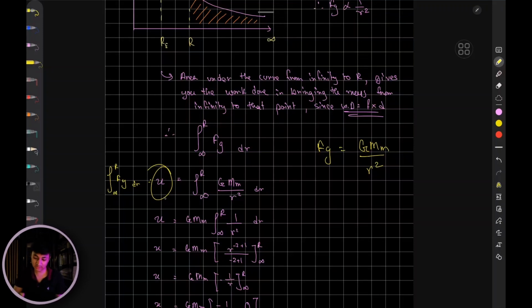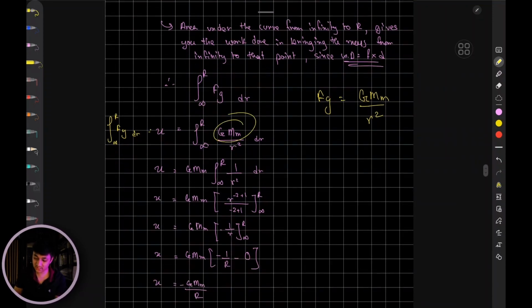Mind you, this is the sign for gravitational potential energy. So integrate GMm by R squared, the force, from infinity to R. Take the constants out of the integral sign because constants don't affect your integration.